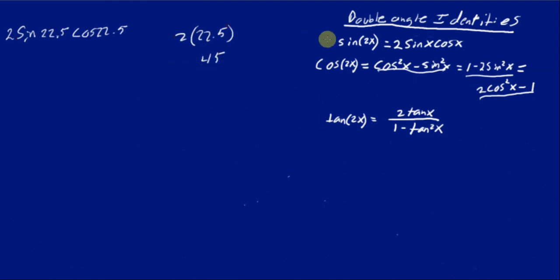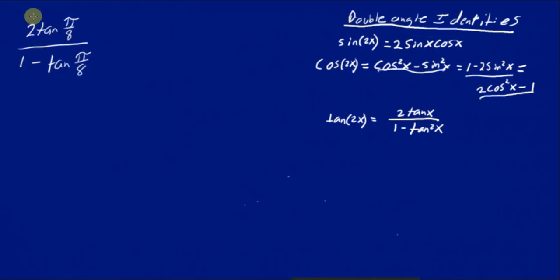So I'm looking at double angle identities, and obviously 2 times the sine of x cosine of x is equal to the sine of 2x. So what I've got here is 2 sine 22.5 cosine 22.5, which will just equal the sine of 2 times 22.5, or 45. And quite simply then, that is just the square root of 2 over 2. And that's all there is to it.